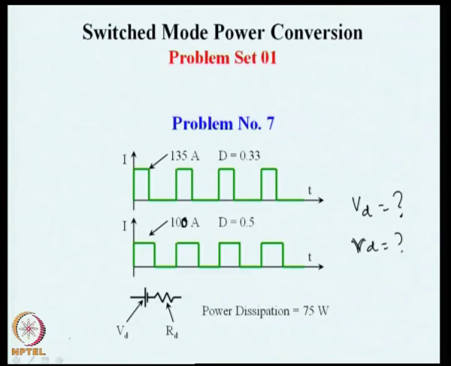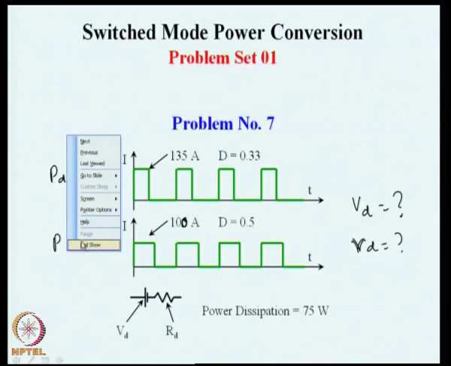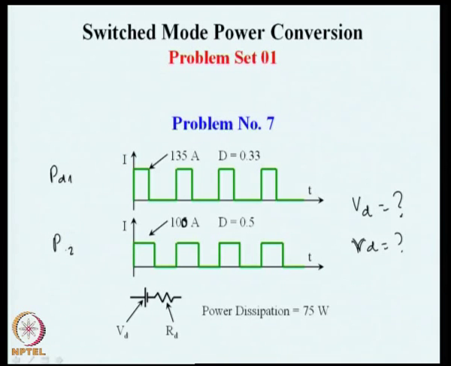This problem can be seen as the power dissipation in case 1 and power dissipation in case 2 have to be equal, but then the peak currents and duty ratios are different.